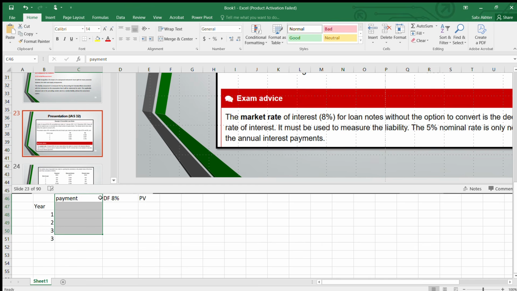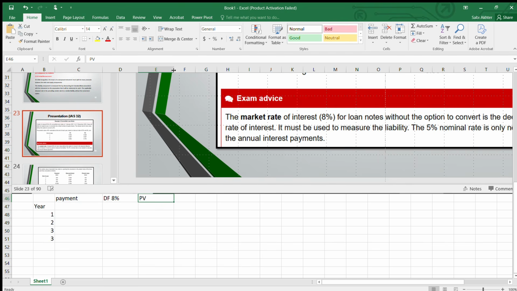If you're taking the loan from someone, you have to pay the interest. But if you're giving the loan to someone, you are receiving. So it's a receipt for you in that case. Then the discount factor, as given here, and the present value. This is never going to change. The standard is this only, even in SVR.